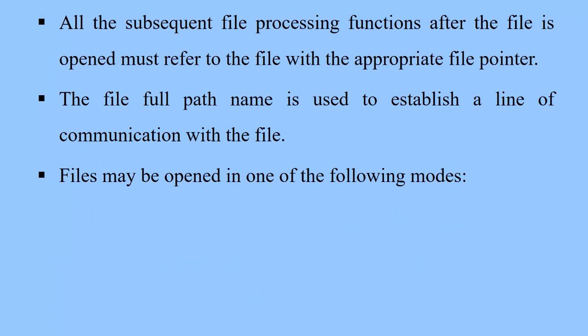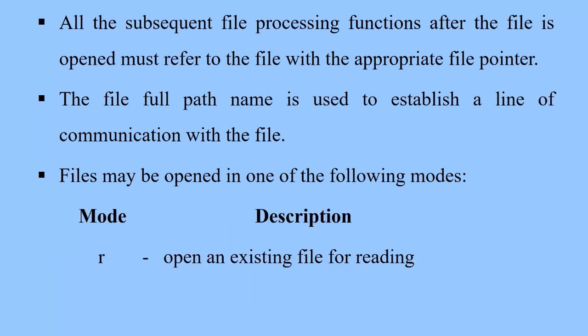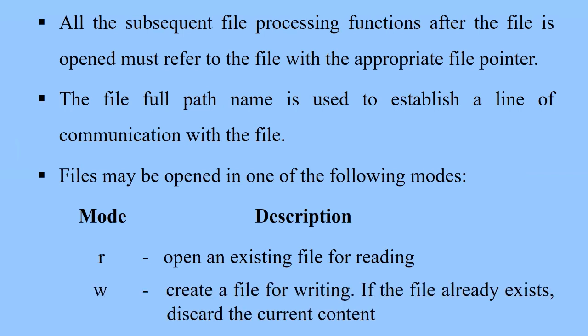Files may be opened in one of the following modes. The first one is R, which means open an existing file for reading. W means create a file for writing. If the file already exists, discard the current content.